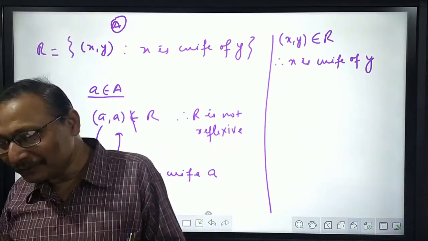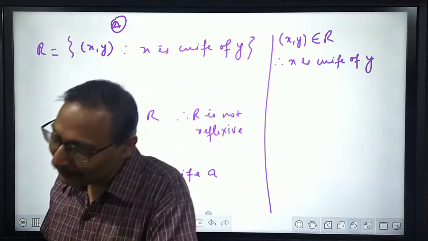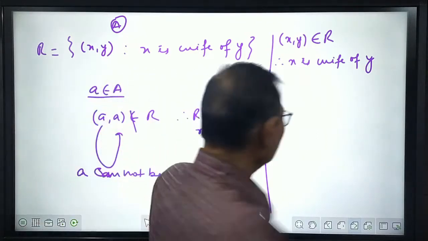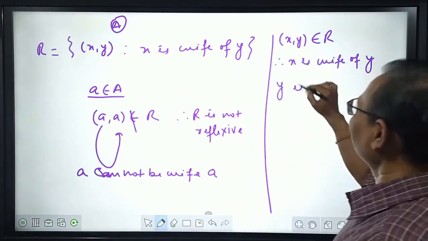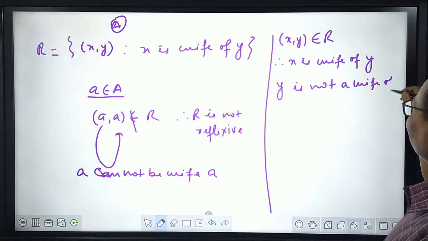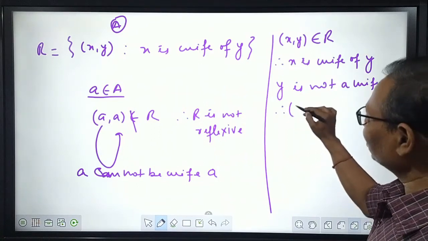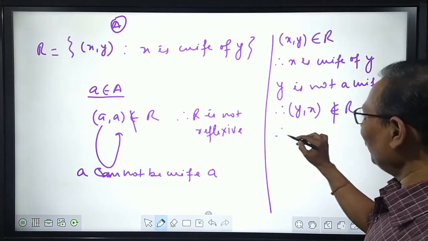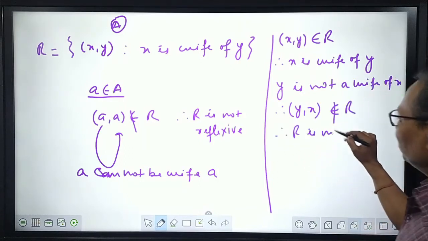Then how can you conclude that y is wife of x? You cannot conclude. So y is not a wife of x. Therefore y comma x does not belong to R. Therefore R is not symmetric.